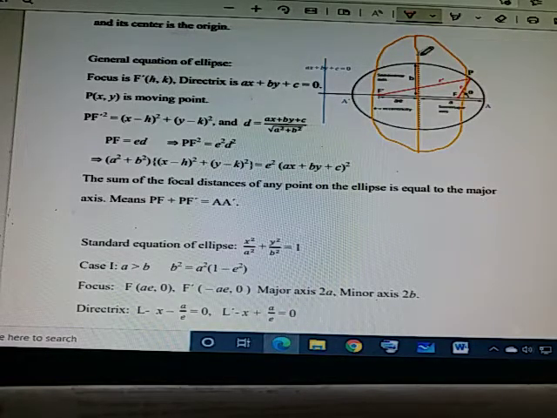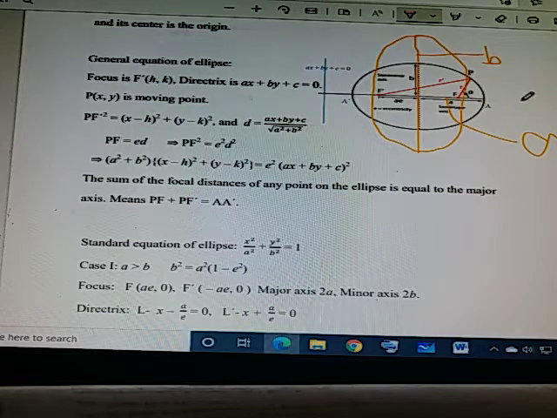So this is b, and this is a, and b is greater than a. So in this case, the focus is here, this focus is lying on the major axis, it is on the y axis, etc.